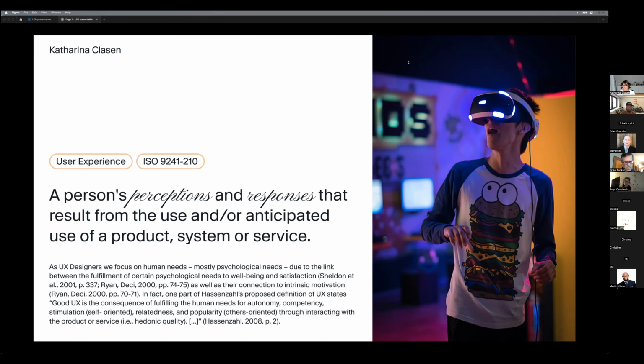And that's why we UX designers love those needs so much, because what we want to create are positive human experiences. And there as well, we have a rather narrow view on this term well-being, for example, and what it means to satisfy a human being.